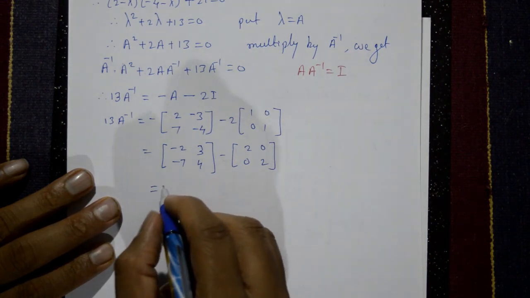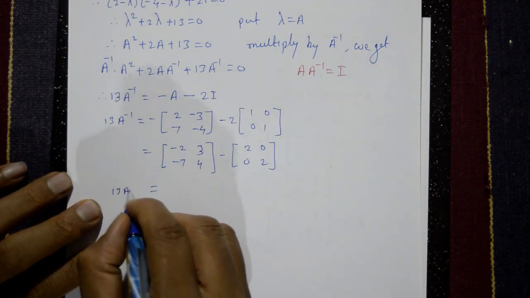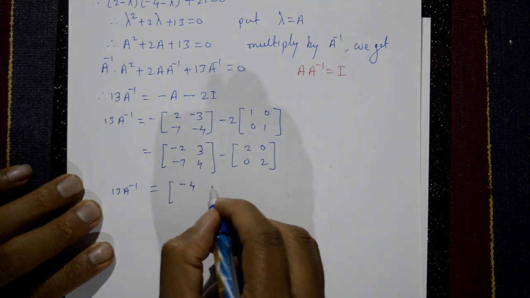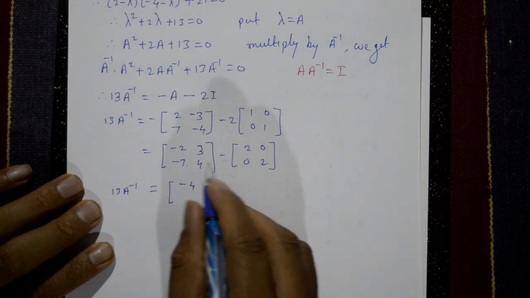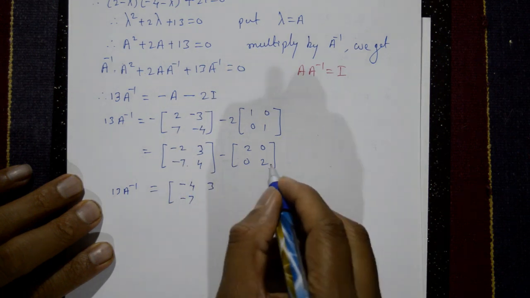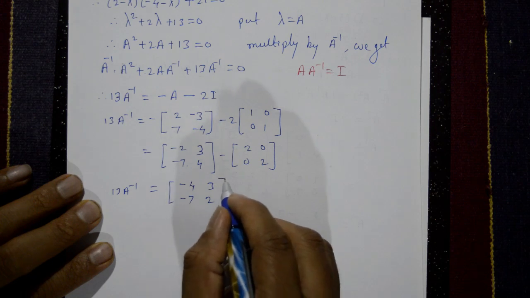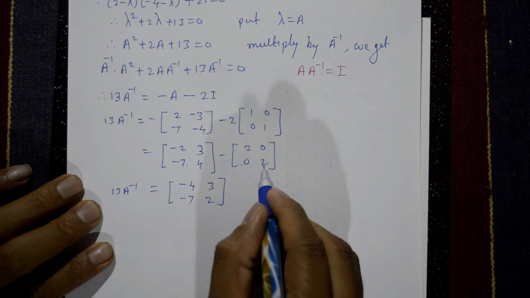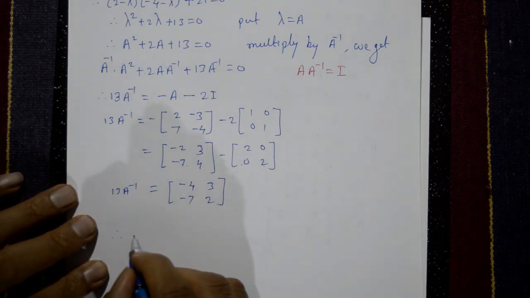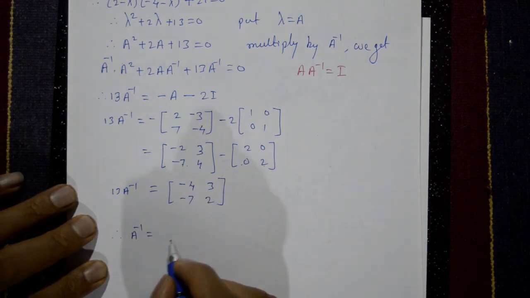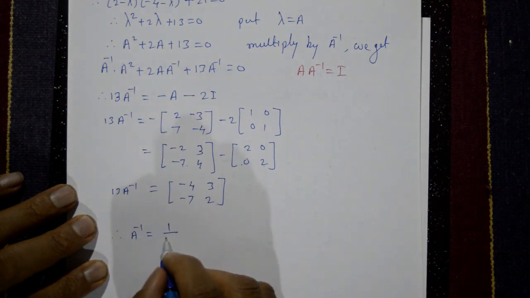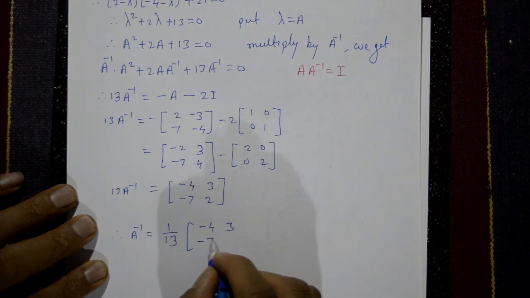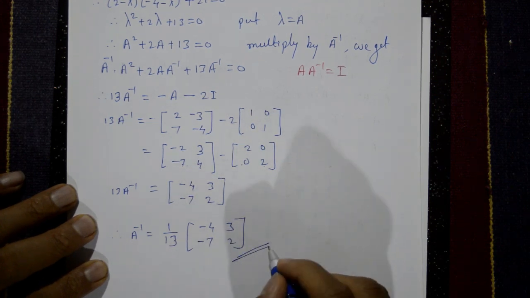Now subtraction, so you get 13 A inverse equal to minus 4 3, minus 7, minus 4 minus 2 is minus 6. Subtract first one from first one, second one from second one. Okay, therefore A inverse is equal to 1 by 13 into the matrix minus 4 3, minus 7 2. This is the required inverse of A.